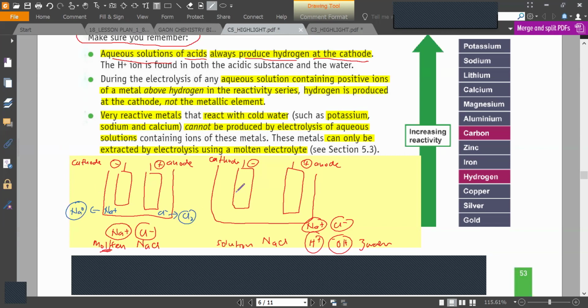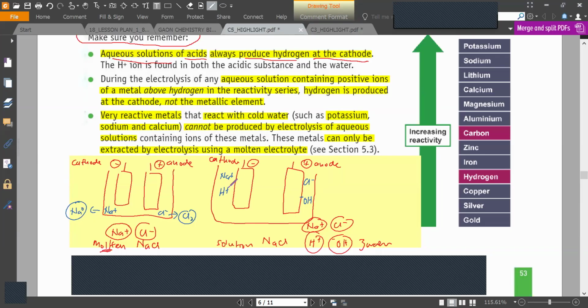No problem. For the solution, you will have sodium plus and hydrogen plus at the cathode, and at the anode you will have the negative chloride and the hydroxide.